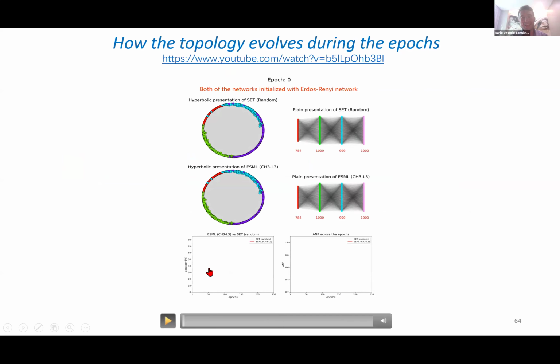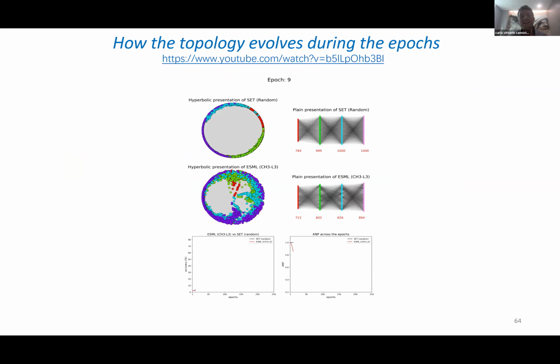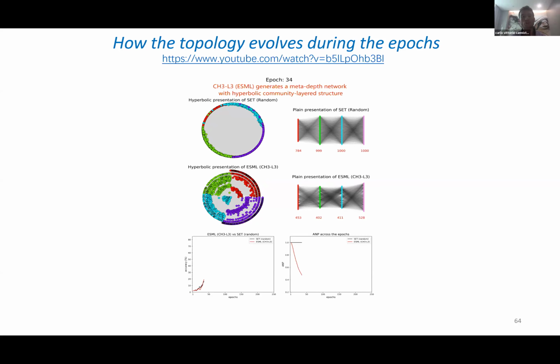The plot on the left is about accuracy, on the right, how many neurons remain in the network. During the training, you will see that my approach learns a hierarchy right away. The nodes go to the center, it means you have a hierarchy in the data, and there is a phase transition. Did you see it? From disorder to order. And after that, the video is stopped.